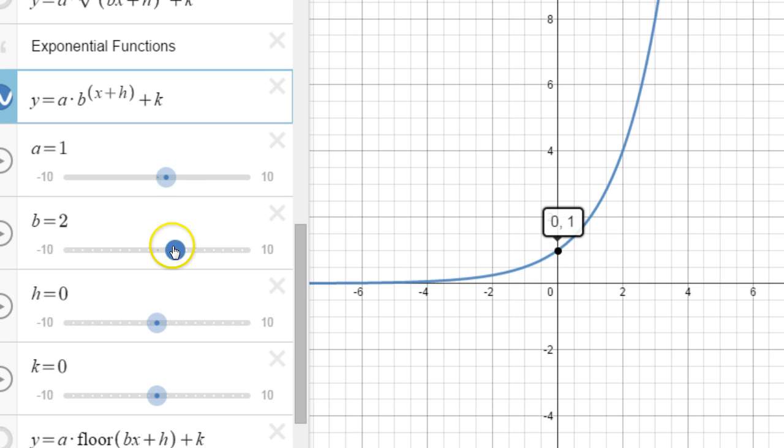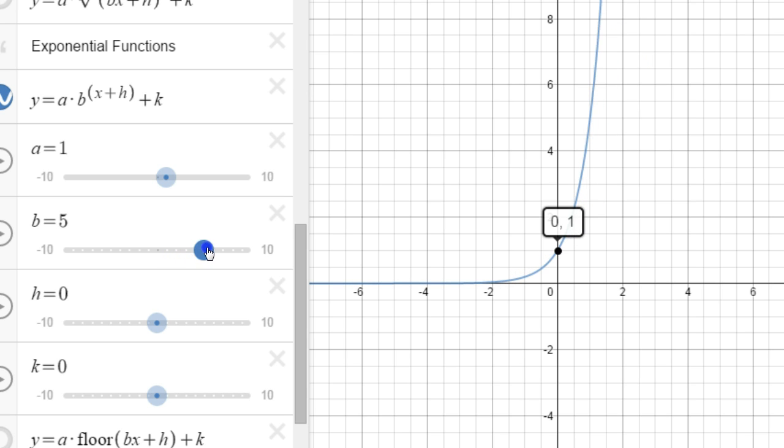If we change b, however, if we change the ratio, no matter what, at the y-intercept where x equals 0, it's always going to be stuck to that 1 point. I can't make it negative because I can't find those powers, so you have to understand it has to be 2 or more for this.